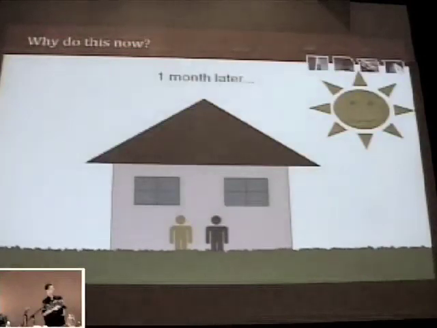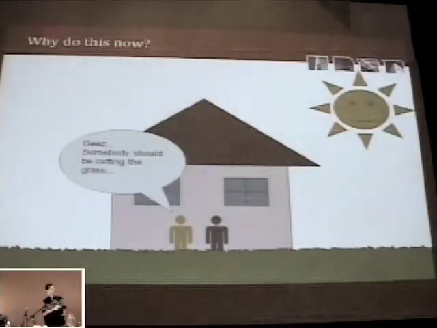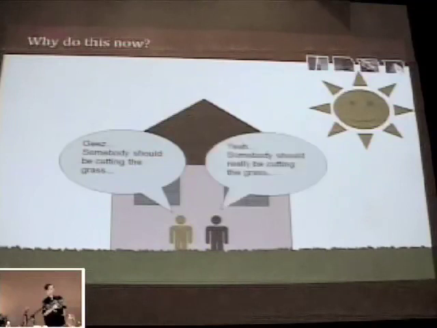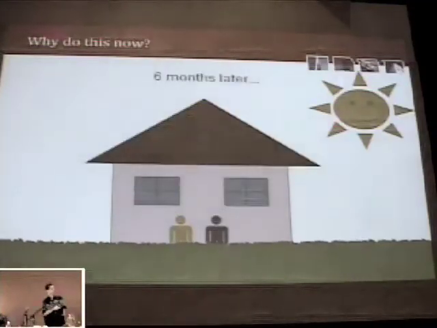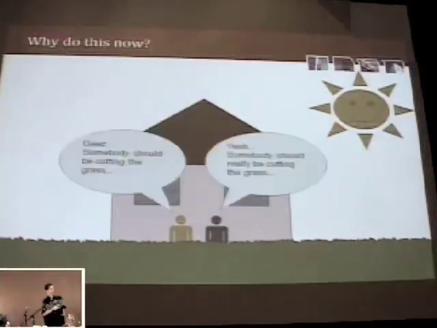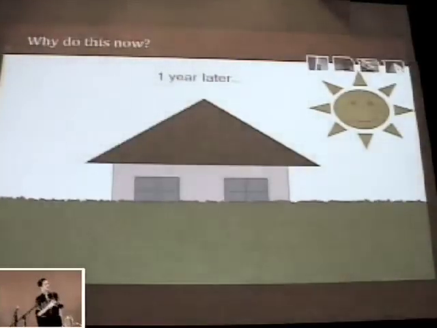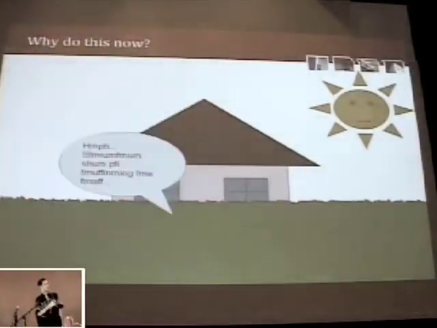One month later, the same conversation. Six months later, the same again. And one year later, they have suffocated. It's too late. So the moral of the story is: don't wait for somebody else to do it in your place. Do it now by yourself.